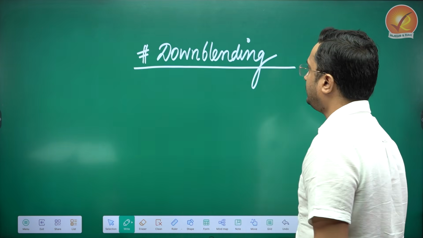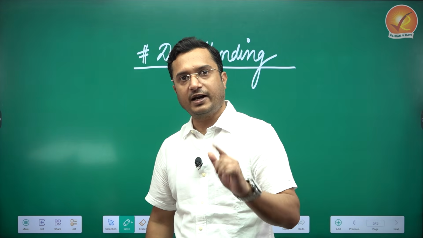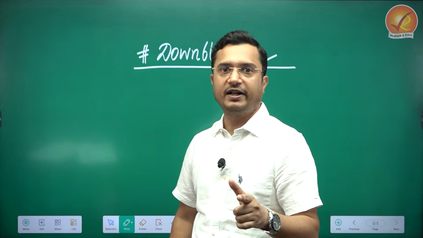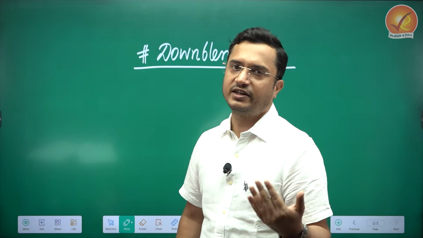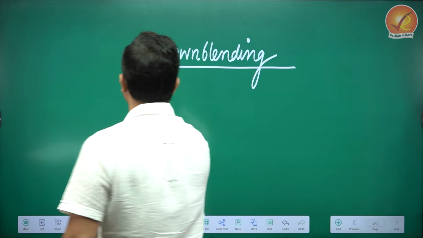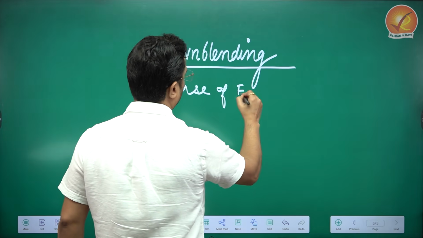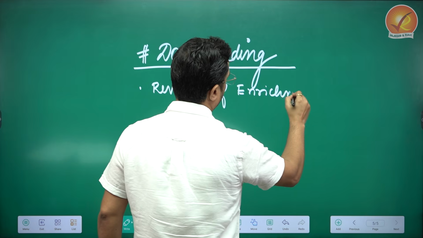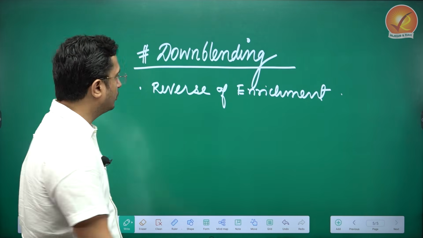Now downblending. The US is pressurizing Iran that it should go for downblending of its enriched uranium. Downblending is simply the reverse of enrichment. What do they do here?